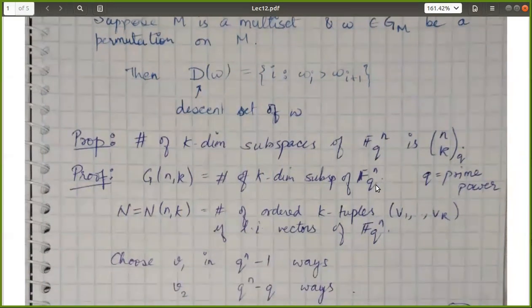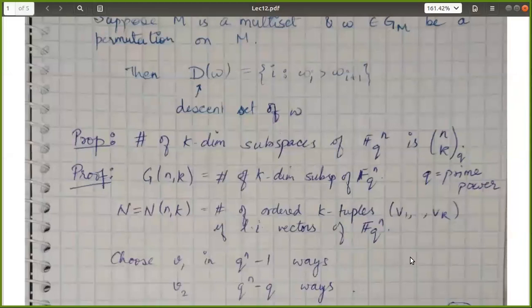Defining these two terms now, in how many ways can v1 be chosen from this? It can be any non-zero vector. So this in short has q raised to n many elements.